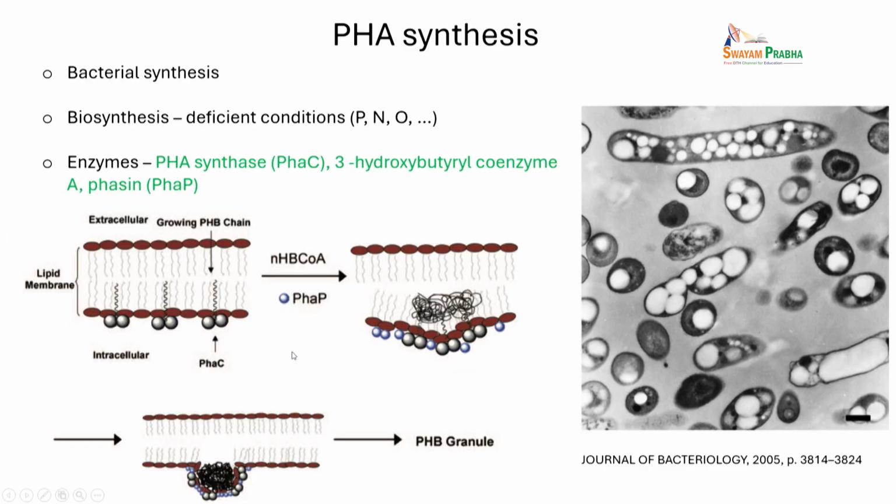So in terms of synthesis, this TEM diagram shows the entire cell, and then you see this white color granules. Those are basically PHB. Okay, so you can see that each cell has one or many kinds of PHA granules.